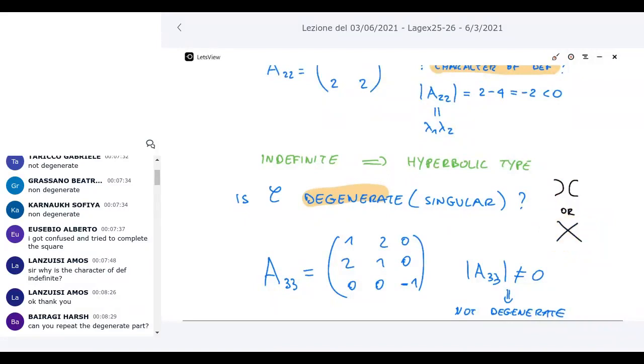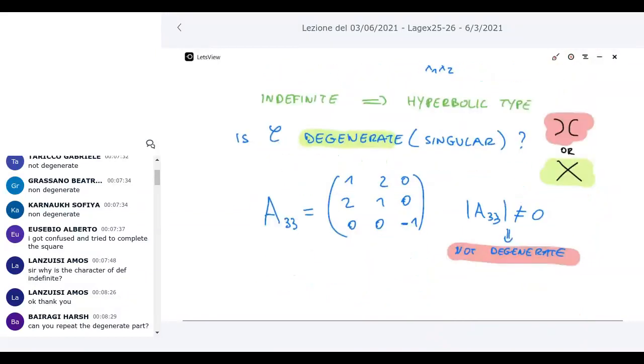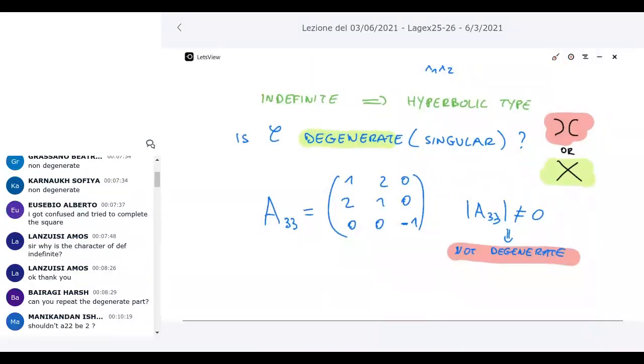So let's make it red, the non-degenerate one, because degenerate would mean the X shape thing. Okay, so we have a non-degenerate conic here of hyperbolic type. So it will look like the red, okay?